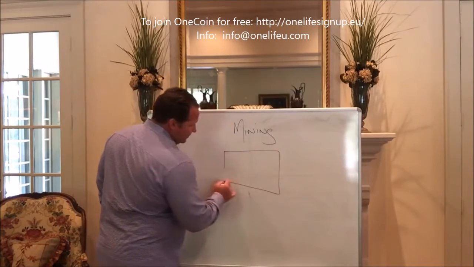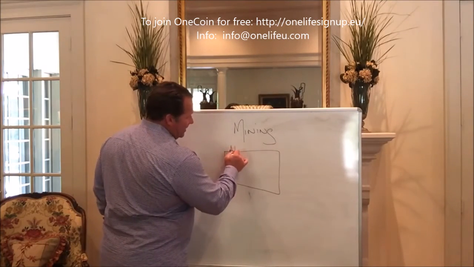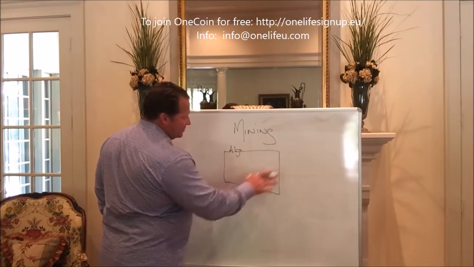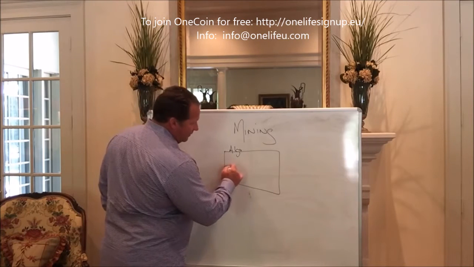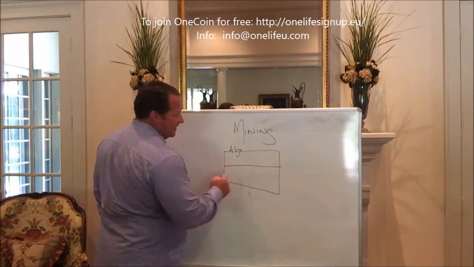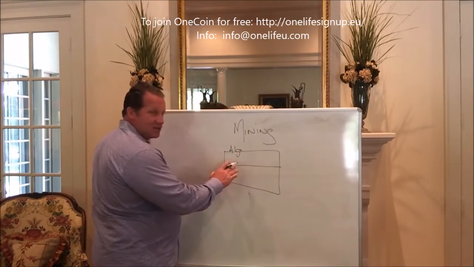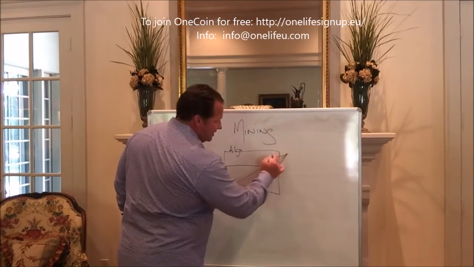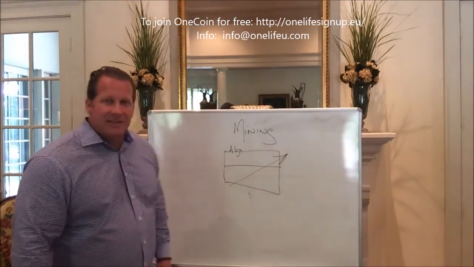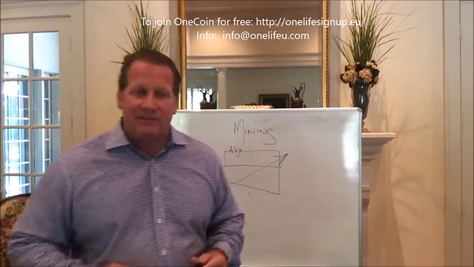Let's say here's your algorithm, and your algorithm governs your digital currency. The first part of your currency that comes out is going to be really inexpensive, and as time goes on, the cost of the currency is going to increase because the number of miners competing for the coins is going to increase.